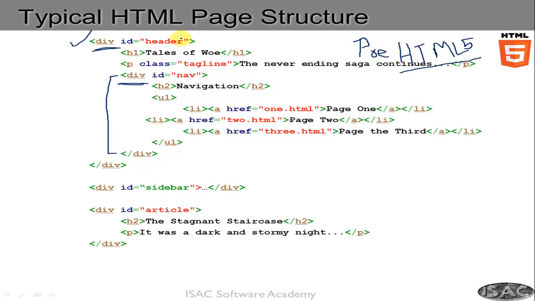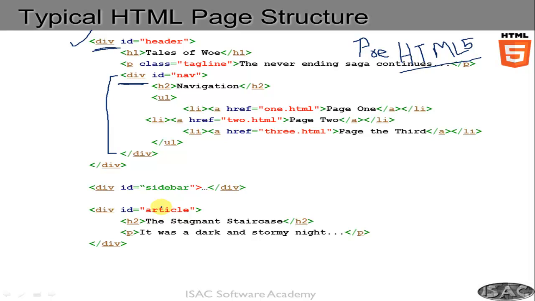I can say my header, somebody can say some header. So it was all div based structure. The whole page was divided into various parts called header, sidebar, menu, article, by creating different divs.